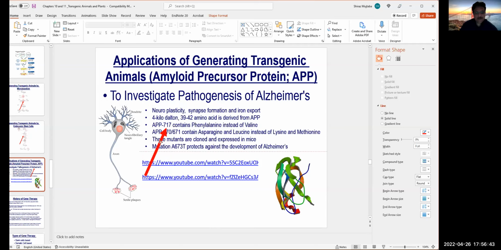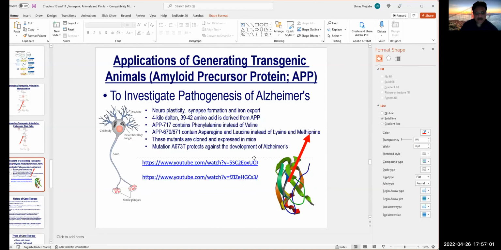So APP 717 contains phenylalanine instead of valine. So there is a change here. APP 670 to 671 contains asparagine and leucine instead of lysine and methionine, right?